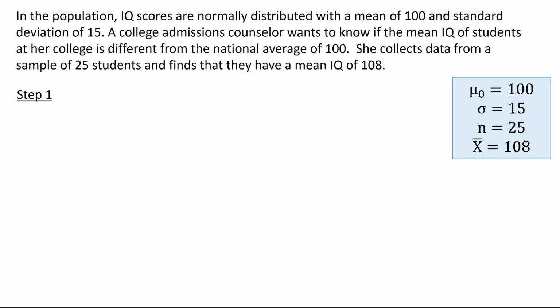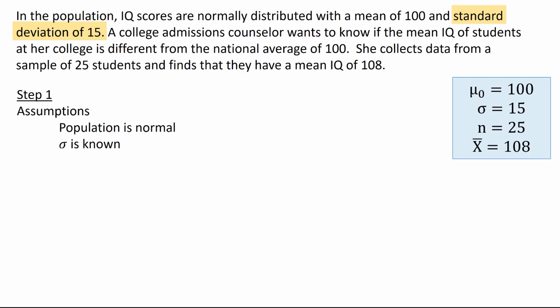Step 1 is where we check assumptions and state hypotheses. The first assumption is that the population is normal. In this scenario, we learned that IQ scores are normally distributed in the population, so this assumption is met. The second assumption is that sigma, the population standard deviation, is known. We are given that the population standard deviation is 15.